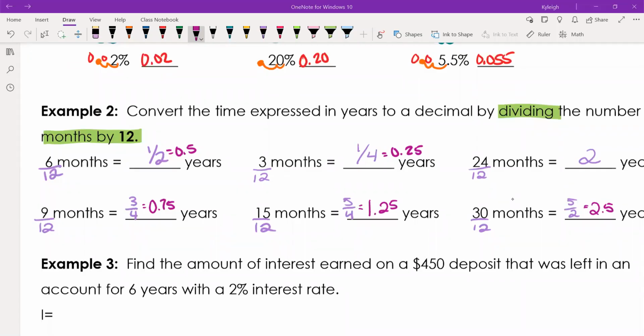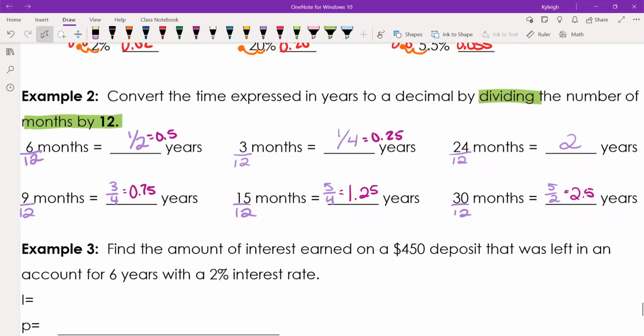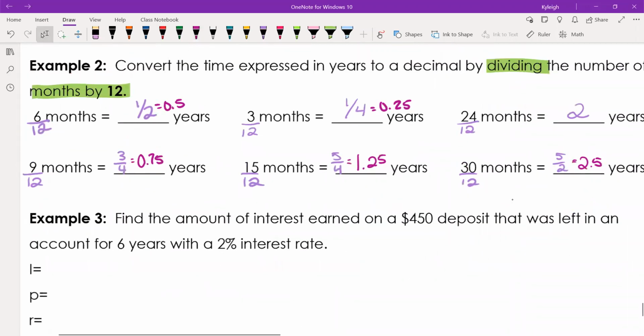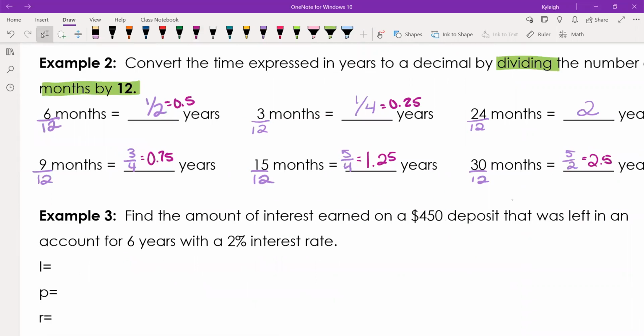If you did 9 divided by 12, you would have either gotten 3/4 or 0.75. For 15/12, you either got 5/4 or 1.25. And for 30/12, you get 5/2 or 2.5 years. So the important part is that it's always in years. Most of the time it gives it to you in years, but sometimes it doesn't. So that's when you have to convert.